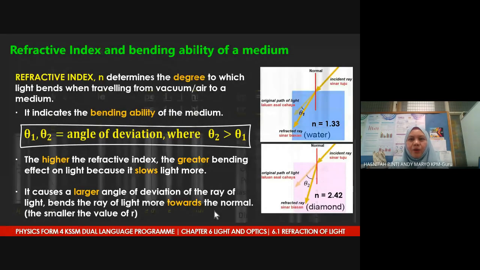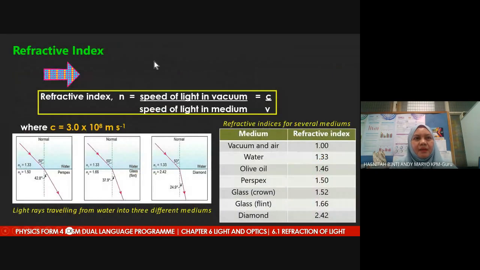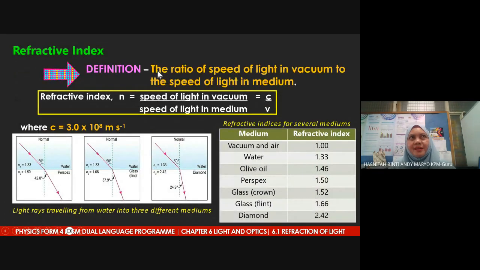Next, how can we write refractive index if asked in the question? Let's say the question asks, define refractive index. What is the meaning of refractive index? So we write it this way: refractive index is the ratio of speed of light in vacuum to the speed of light in medium.